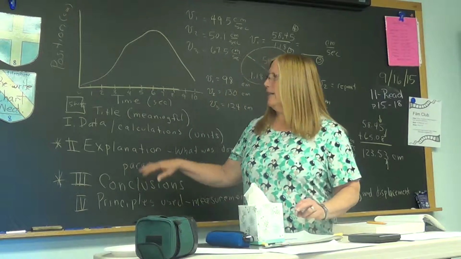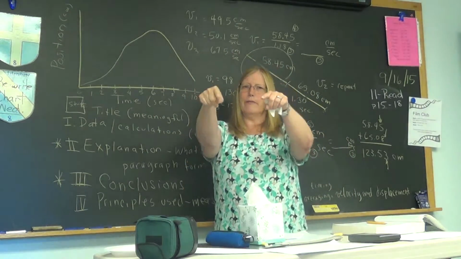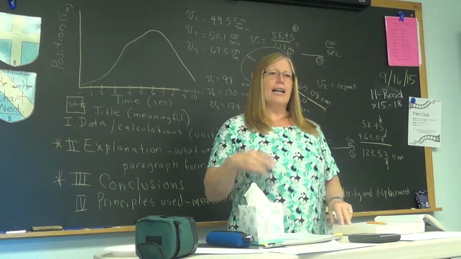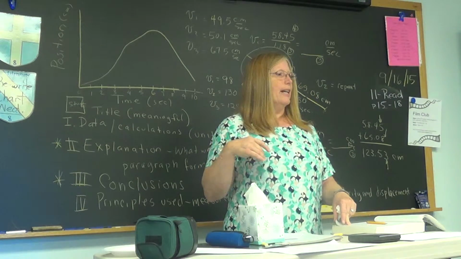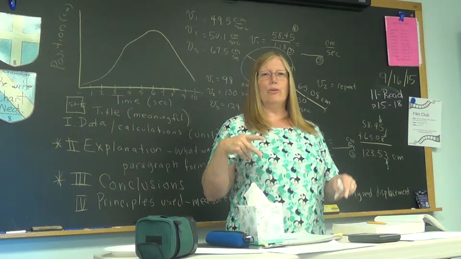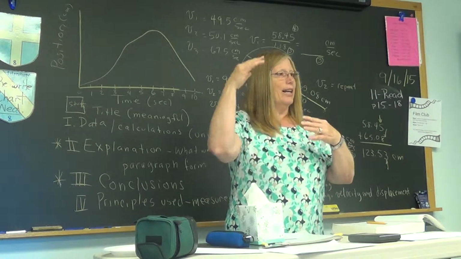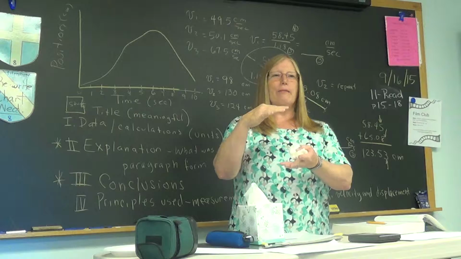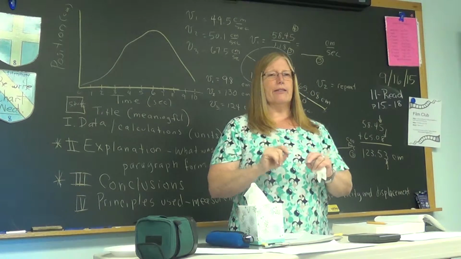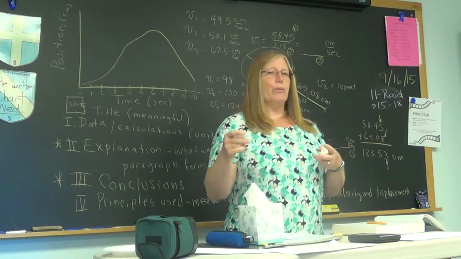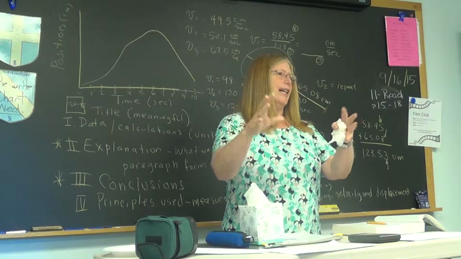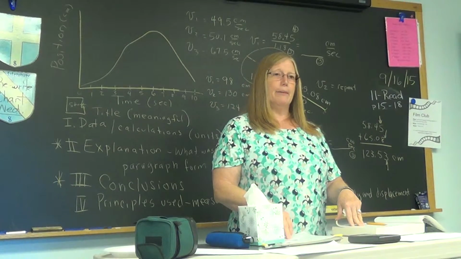Alright, so when we write the lab, you want us to just write it in paragraph form? How do you write the data in a paragraph? Data and calculations could be just what's in front of you right now. Now, if it's not neat or organized, and it doesn't have the right precision, and it doesn't have units on it right now, and you don't have all the calculations, like all 5 of the seconds and averaged, then you have to work on that. But it could be ready right now to hand in with your lab.